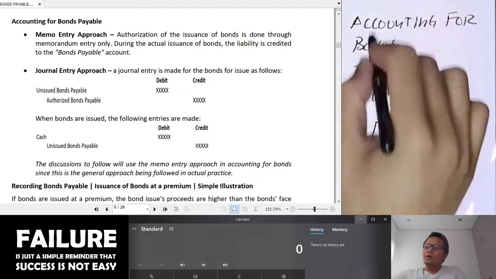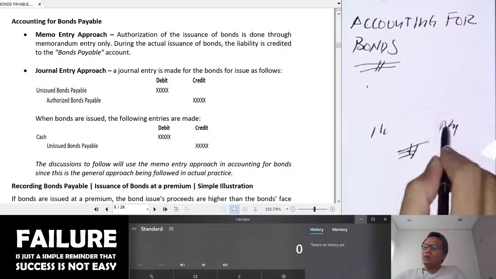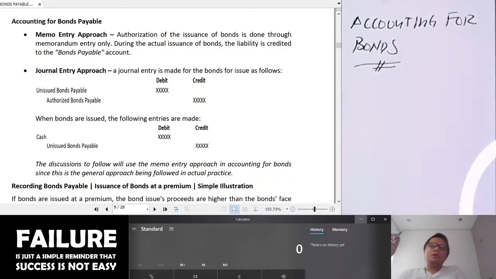The journal entry approach, on the other hand, is that there is a formal journal entry made to recognize the authorization of the issuance.